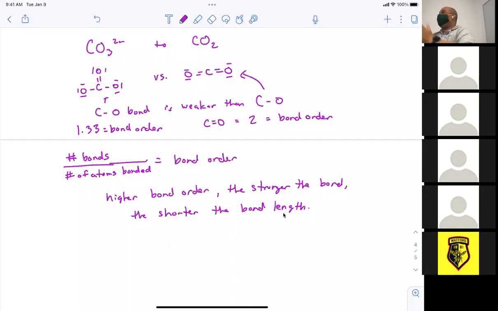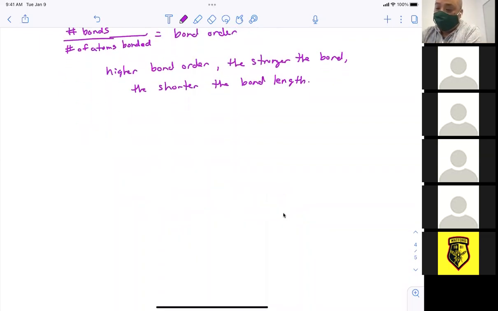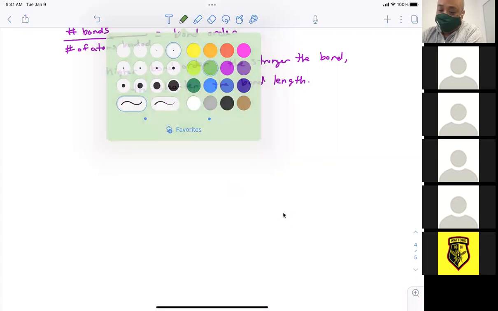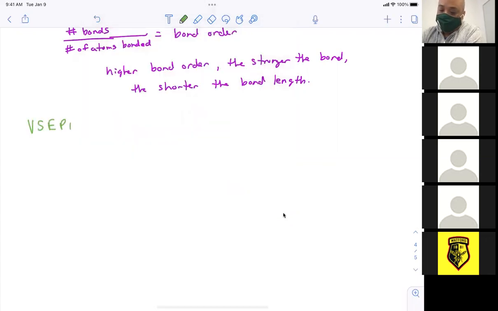So once you get Lewis structures, you can then determine shapes, and that's what our next section is about, VSEPR, or VESPR, depending on what textbook you use. It's valence shell electron pair repulsion.